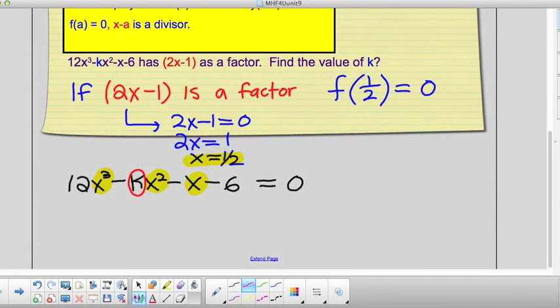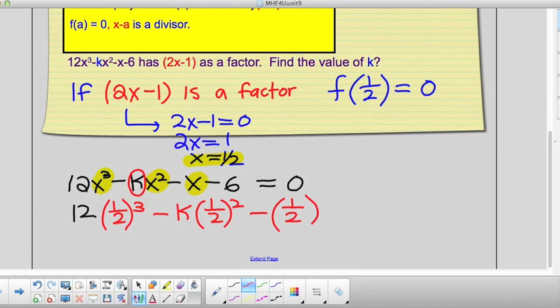So this becomes 12 times 1/2 cubed plus k times 1/2 squared minus 1/2 minus 6 is equal to 0.